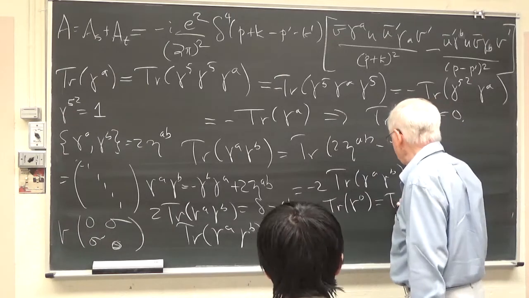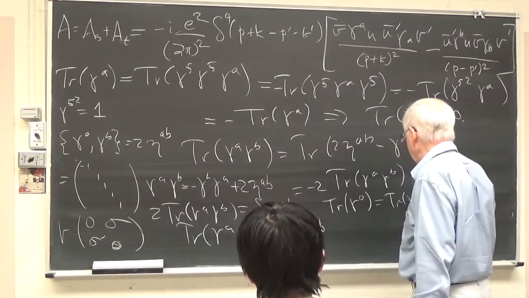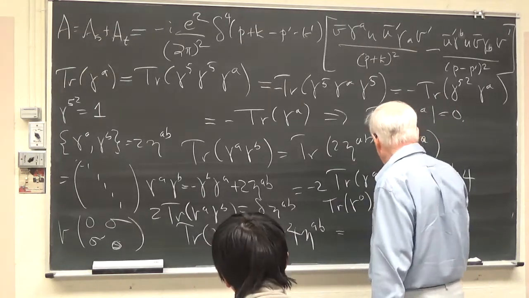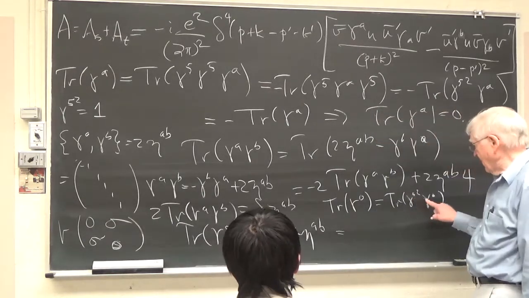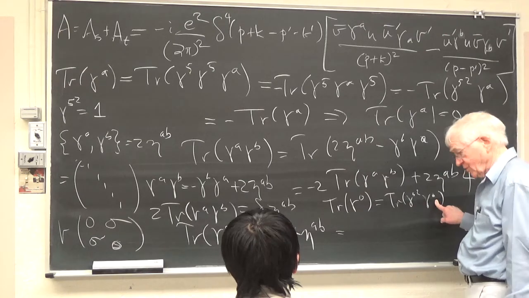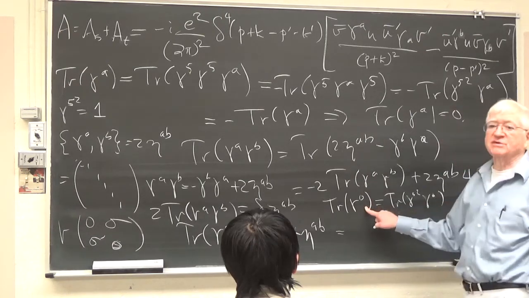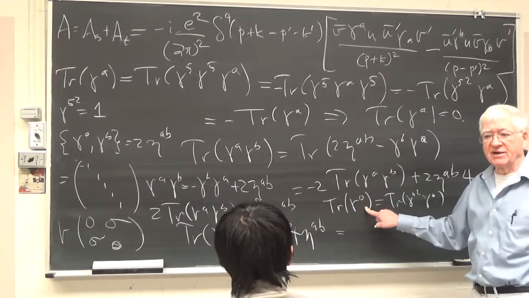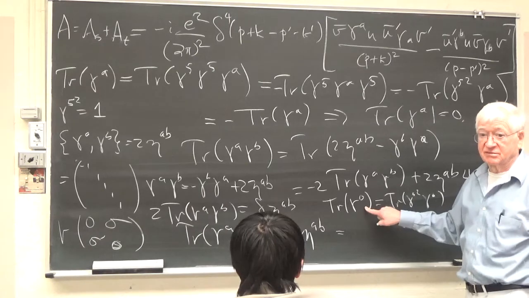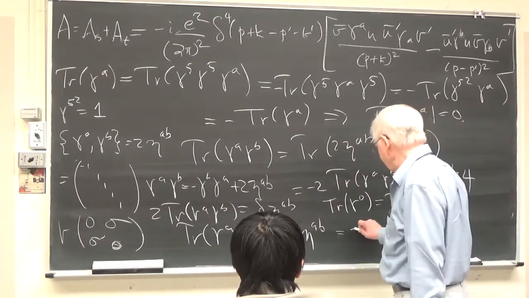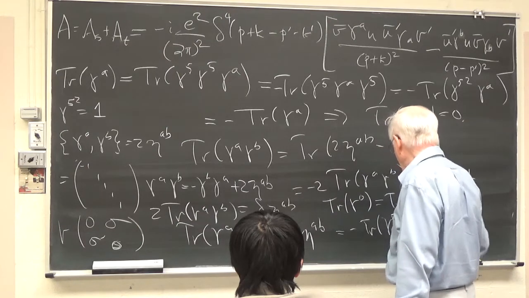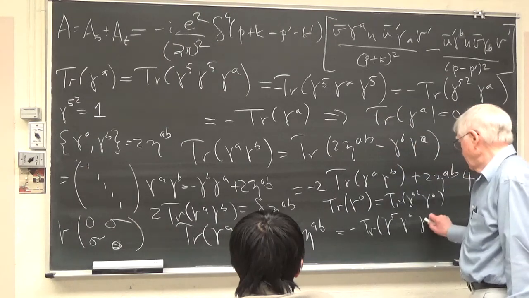We can write that as trace gamma 5 squared gamma O. But now if we move the one gamma 5 through an odd number of gamma matrices, we're going to get an odd number of minus signs. Oh, this gamma O doesn't have any gamma 5s in it. It's an odd number of ordinary gamma matrices. So this is minus trace gamma 5, gamma odd, gamma 5.